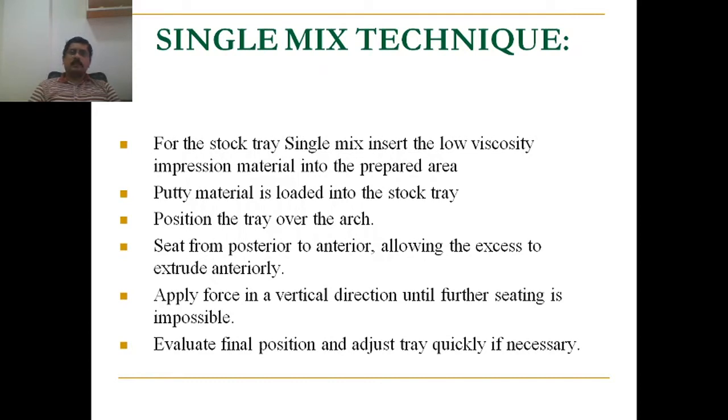At the same time, we will apply the light body onto the prepared tooth also, and we will continue with this technique. The main aim of this technique is that after making the impression, the prepared area along with the finish line should be in the light body. Okay.